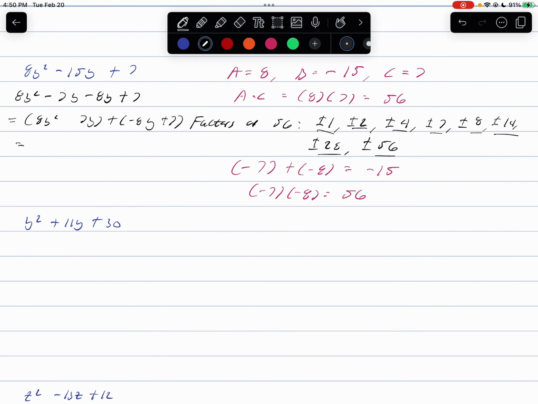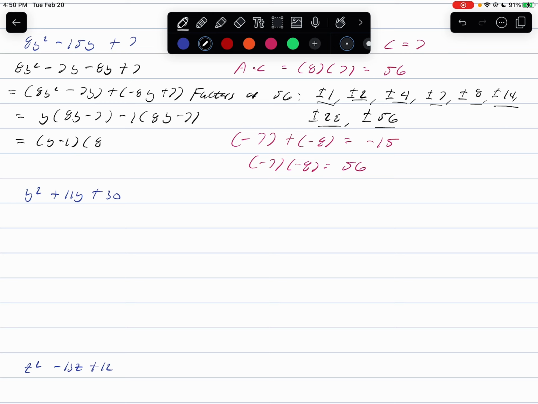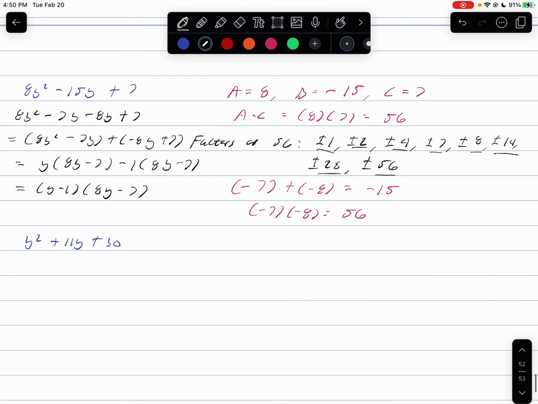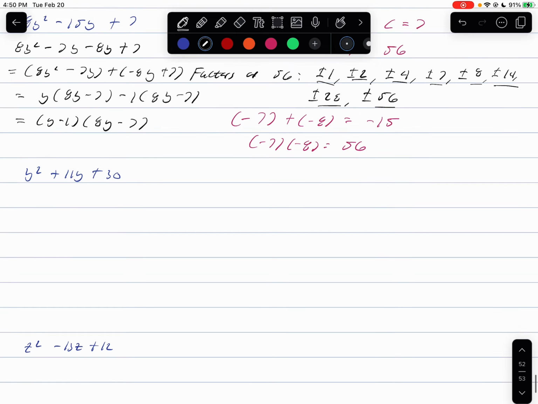Anyway, something didn't look right here. Sorry about that. Should be 8y squared minus 7y plus 8y plus 7. So if we factor out a y here, we're going to get 8y minus 7. Okay? And then we can factor out a negative 1 here to give us 8y minus 7. So we're actually going to have y minus 1 times 8y minus 7. Okay, so that would be our solution here.